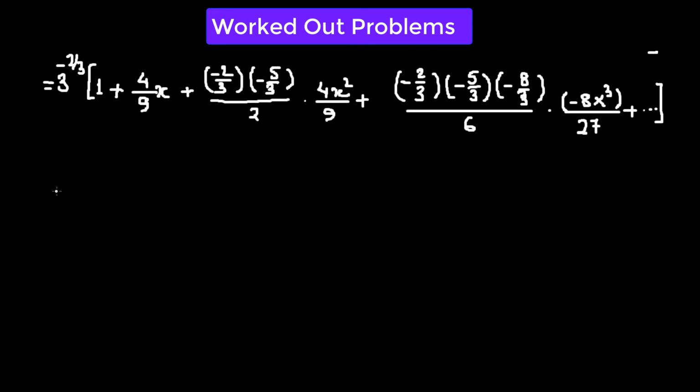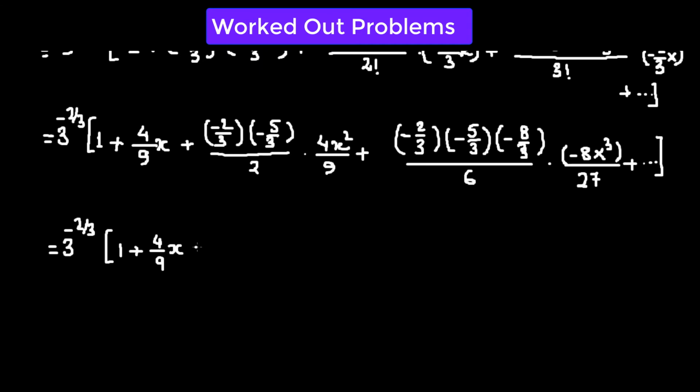So now we further simplify, and that gives us 3 raised to the power of negative 2/3 times (1 plus 4 over 9 x. Then we use a calculator to calculate the coefficients, and the next term would give us 20 over 81 x squared.